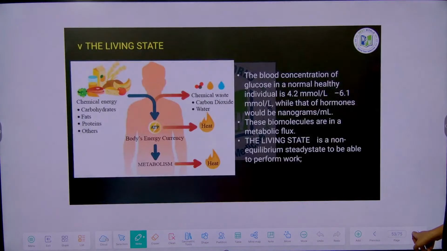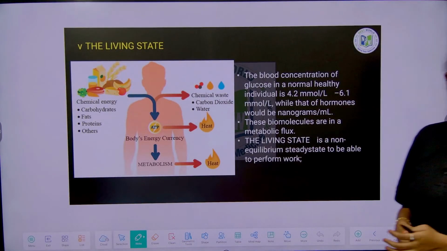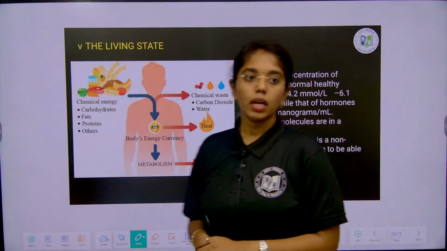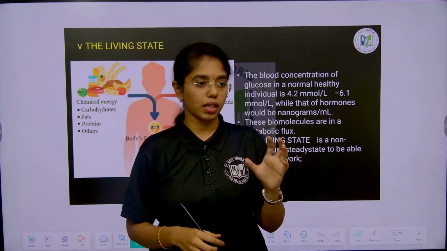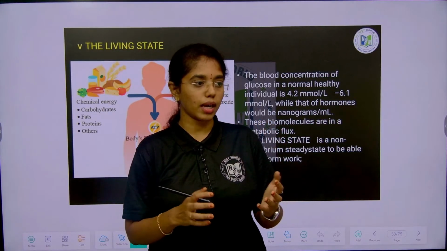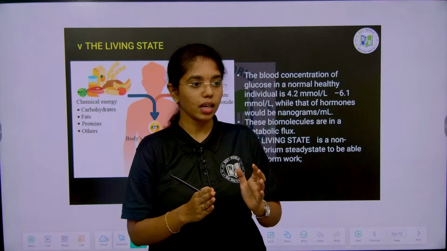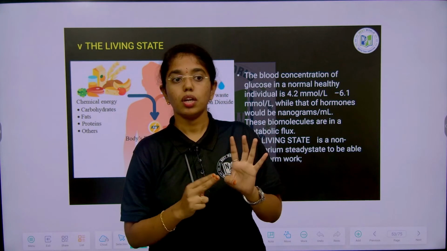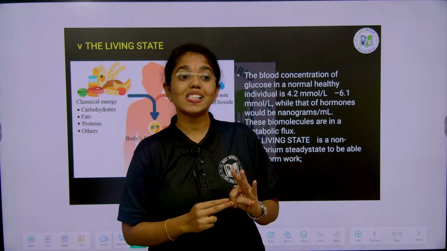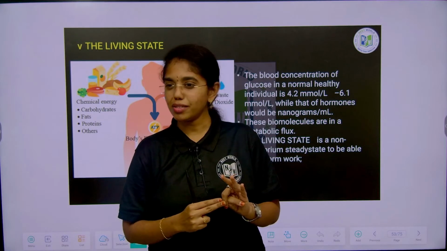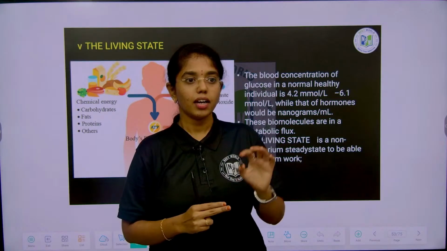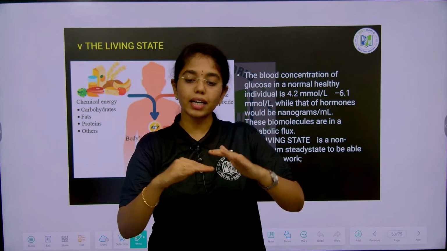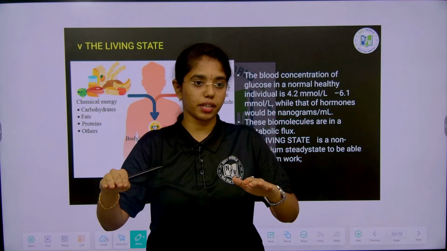So here first, if you come to the living state, what is the living state exactly? It is the non-equilibrium state which is inside the living organism. It is a non-equilibrium state and a steady state. I am using both the terms, non-equilibrium and steady state. Sounds a little different, right? If anything attains equilibrium, that is the dead state.